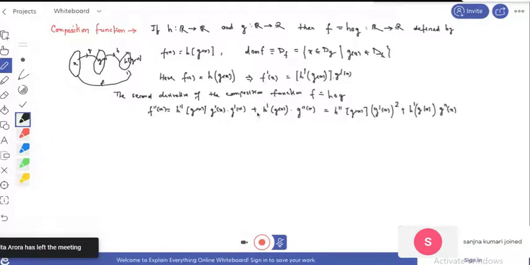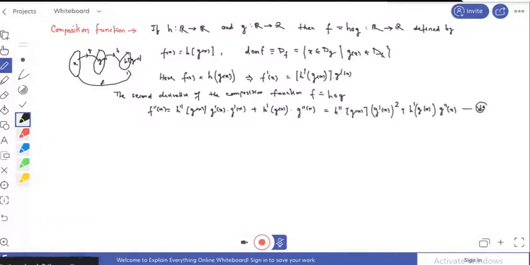So this is your f double dash. Suppose this is equation star. This is your main equation.